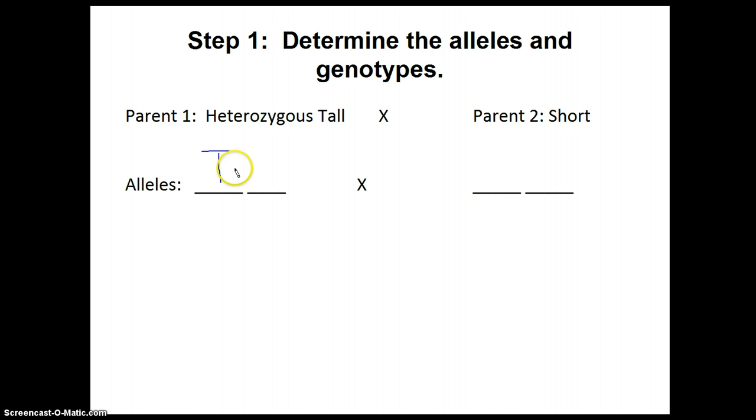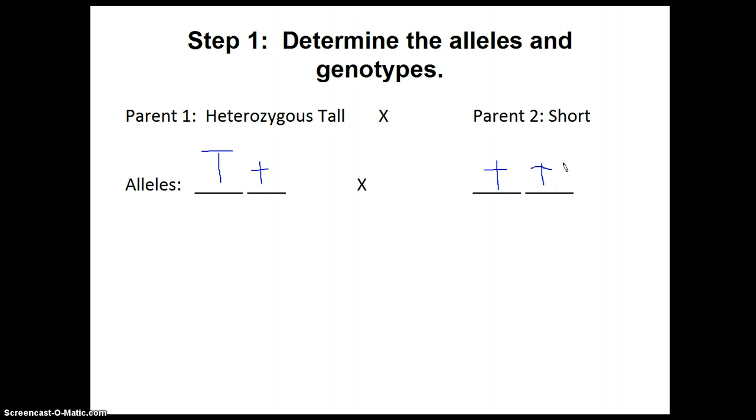So heterozygous tall, and tall is dominant, you need one capital T and one lowercase t, because hetero means two different things, and to be tall means you have to have one capital T. To be short, you can't have any capital T's, because if you had one capital T, you wouldn't be short. So that's what that parent's genotype has to be. In our notation, one parent is going to be capital T, small t.